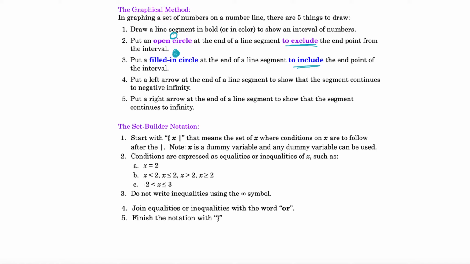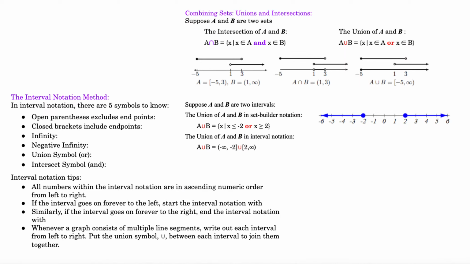We do not just want to write the inequality symbols using the infinite symbol. We'll want to join equalities utilizing the word or, even using the word and, and then finish with a bracket itself. And we'll see these happen coming up. We'll see examples of these different pieces.